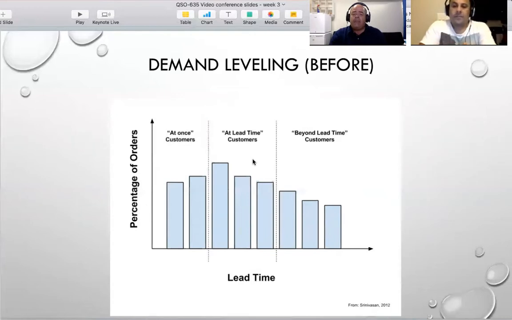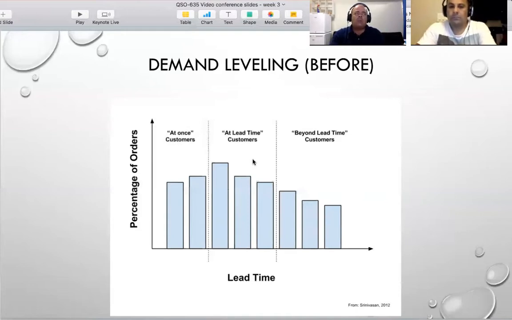Basically, they don't mind waiting a little bit. So if it takes you 5 days to get something from order to the customer's table, they say, okay, I'll wait 5 days. Then you have the ones that, like me sometimes, say, look, whatever, Slow Boat to China. I'm in no hurry to have it. It'd be nice, but it's okay. So you've got three buckets of customers.